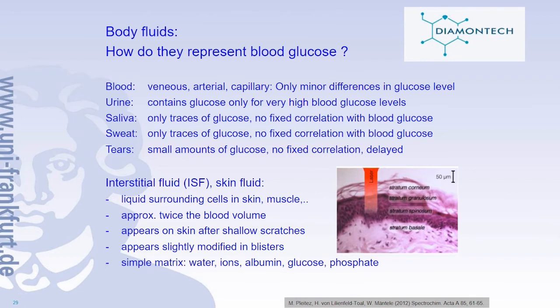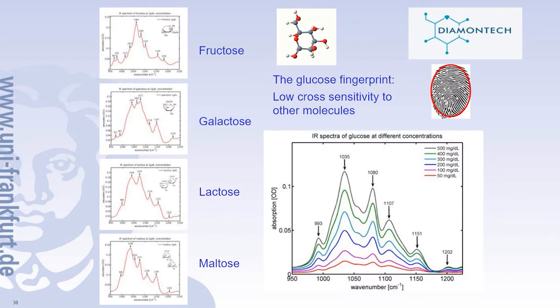How are we doing that? First of all, we use the infrared fingerprint of glucose, which you see on the bottom right. These are glucose spectra in water at concentrations relevant for diabetes patients. The lower line in red here corresponds to 50 milligrams per deciliter, which is hypoglycemic for a diabetes patient.